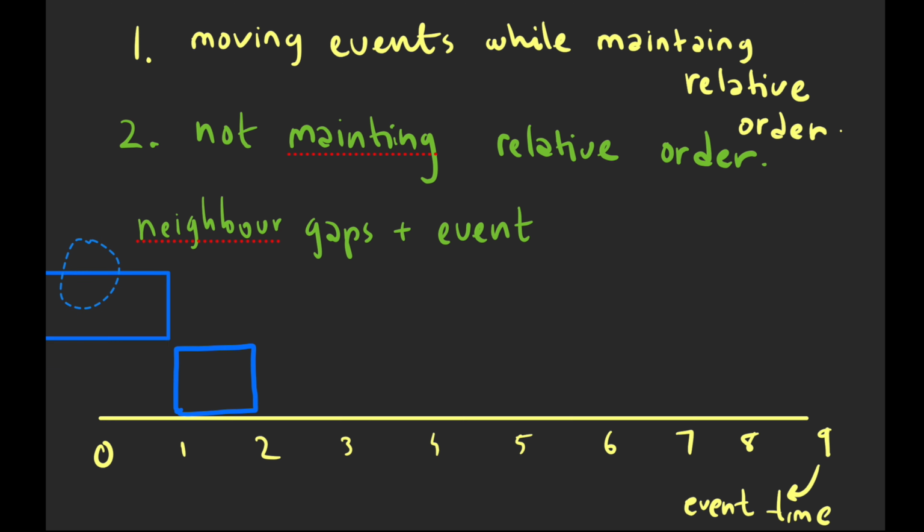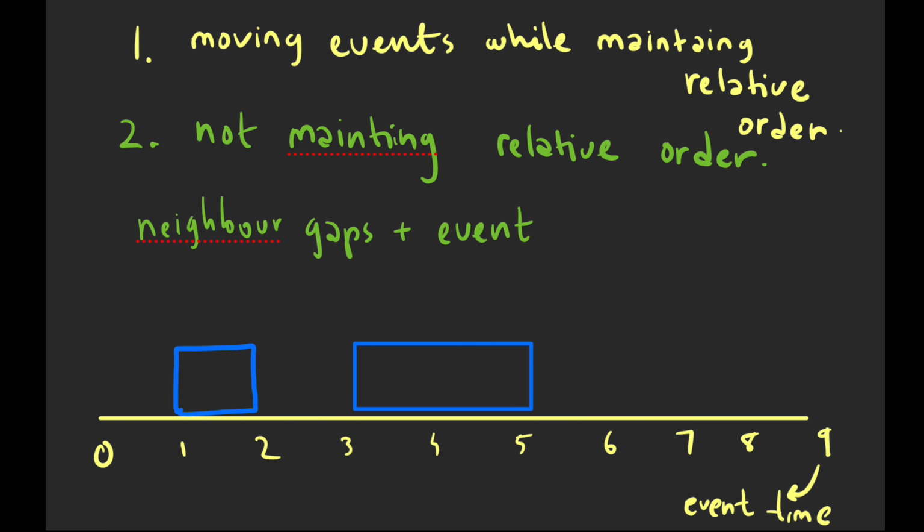But here you can see that we wouldn't be able to move this event into this particular position because this gap is not covering the event timeline. This gap here is of length 1, but the event time which we have right now is of size 2. So 2 is greater than 1. So moving this event is not possible.